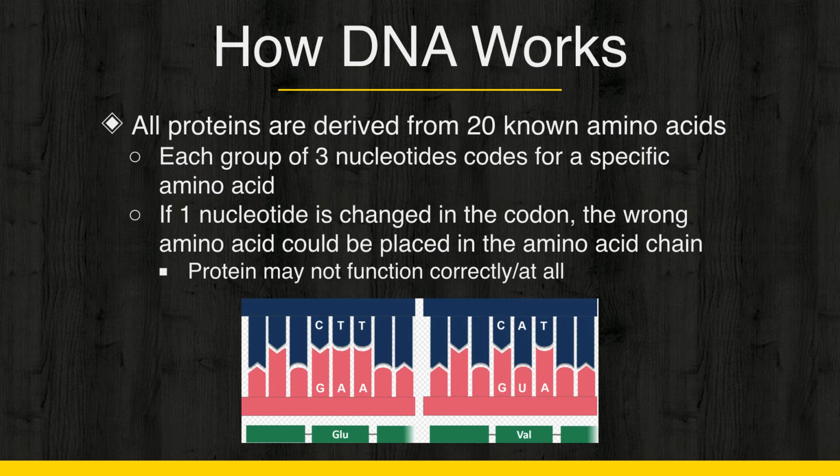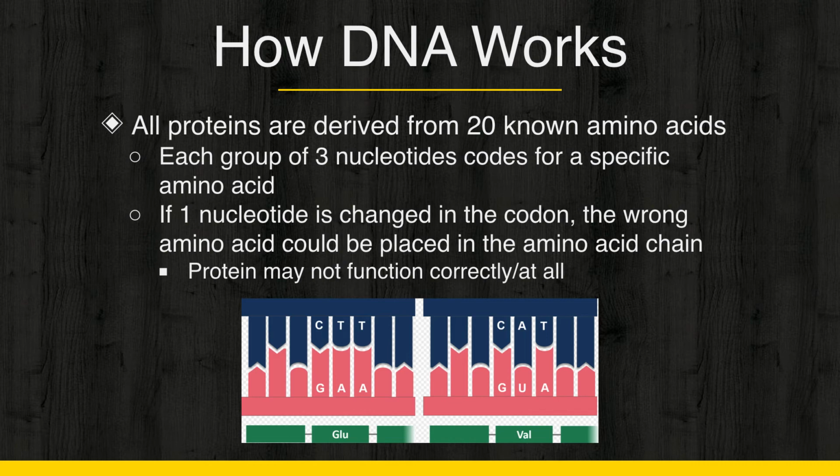But if we just change the first A in that sequence to a T, so now it reads CCT, GTG, and GAG, we now have proline, valine, and glutamate. This now creates sickle cell anemia. And so the protein no longer carries the oxygen in the red blood cells like it's supposed to. In other words, that protein no longer functions to carry out the function, which is to carry a sufficient amount of oxygen to the body cells.